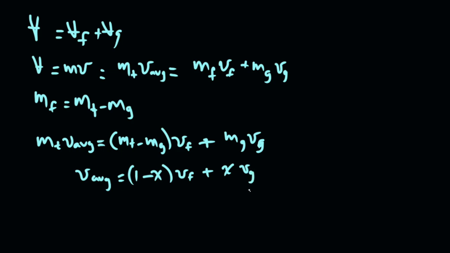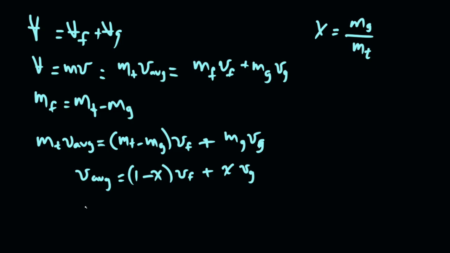Remember what x is equal to: the mass of the vapor divided by the total mass. That's where we get x here. Total mass divided by total mass is just 1, minus the mass of the vapor divided by the total mass, which is x.